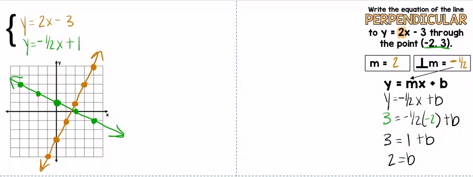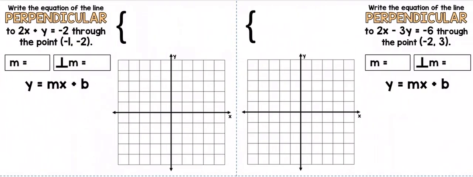Okay. So now we have write the equation of the line perpendicular to 2x plus y equals negative 2. The first thing we have to do is find the slope of this line. So you would have to rearrange the equation, and that would be y equals negative 2x minus 2.